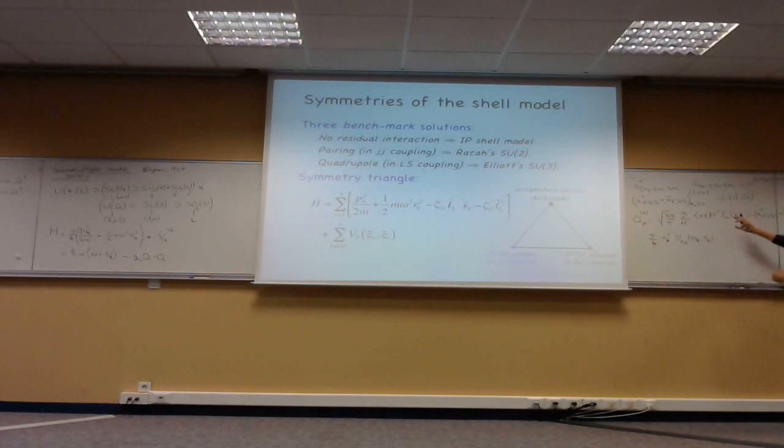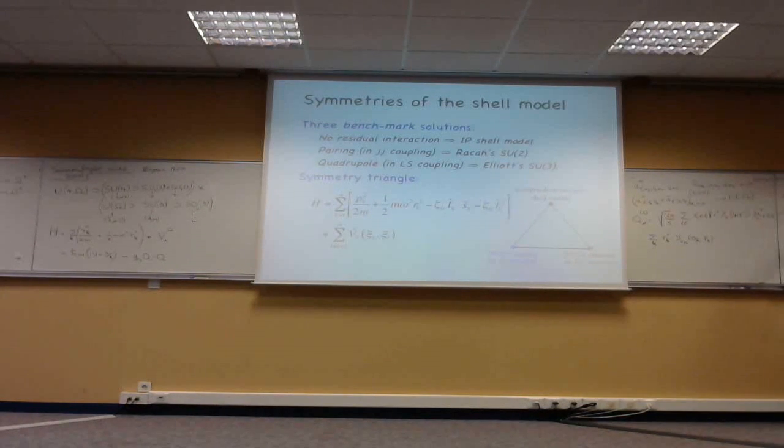Okay, and this comes to things we have discussed in angular momentum, right? In principle, we can calculate reduced matrix elements. I should put here also n prime. But we're in a shell where 2n plus l is a constant, right?